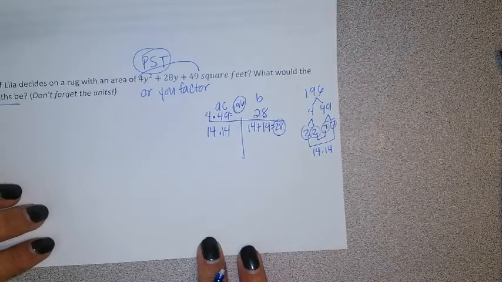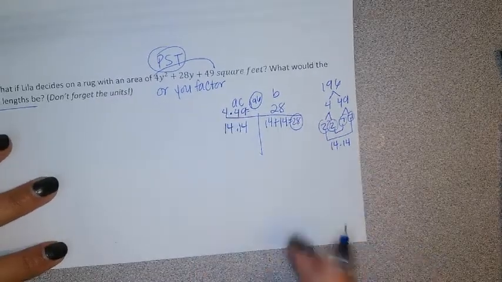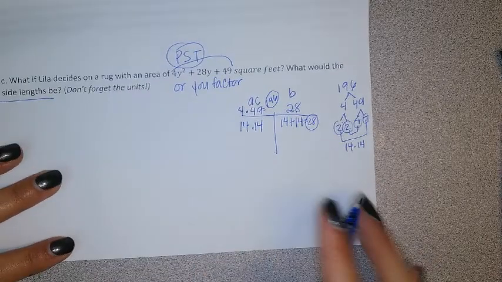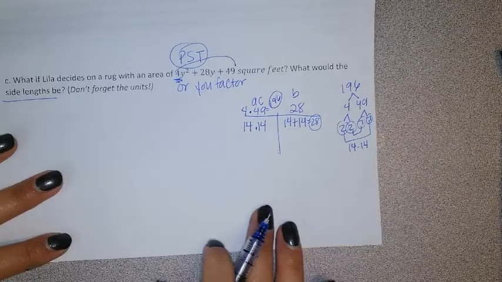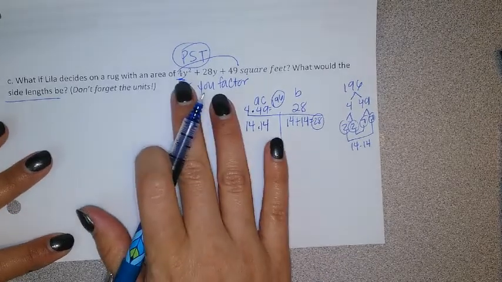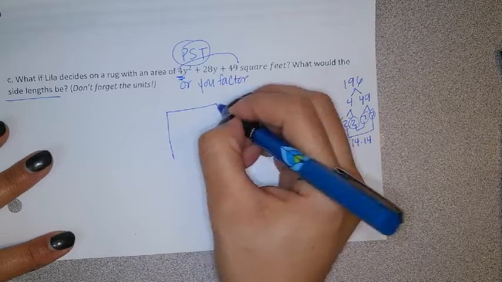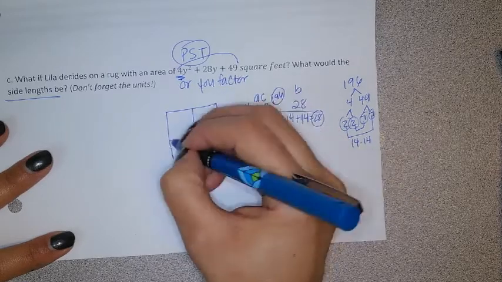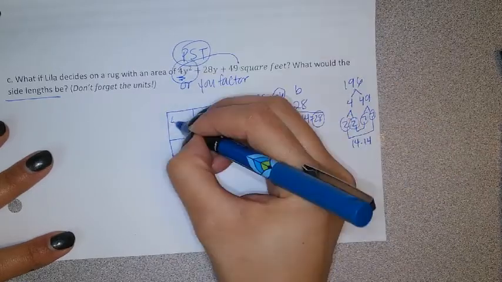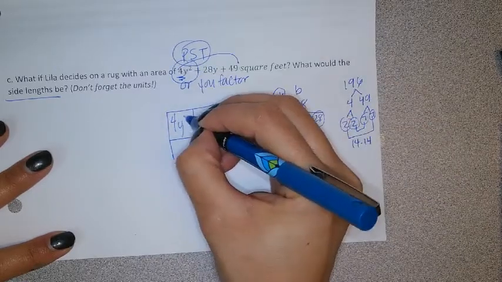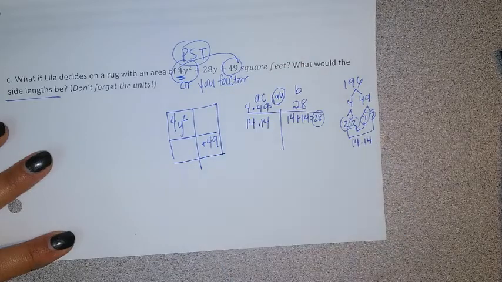And I already knew because this is a square. Our coefficient of y squared is not 1, so I'll do the box method, but you can do the other one, however you want. The first one is 4y squared, the last term is 49.